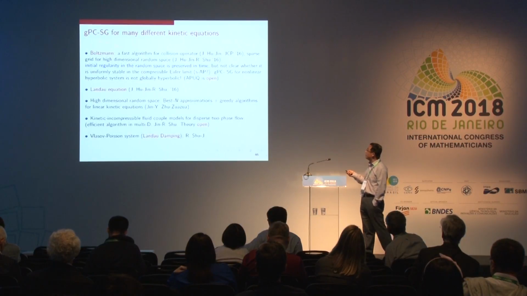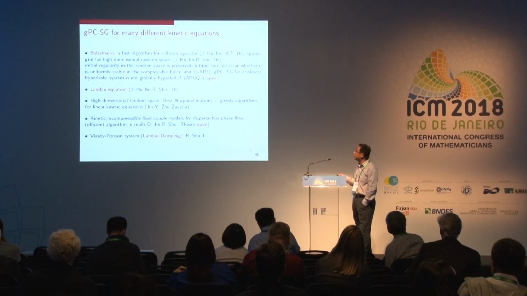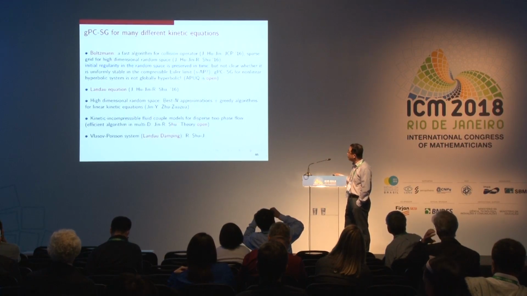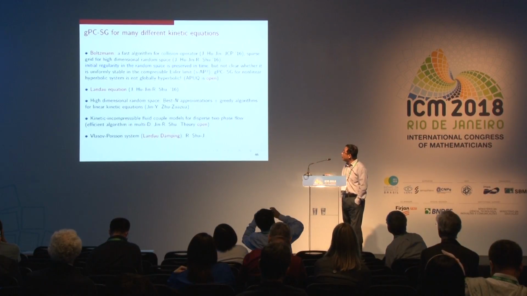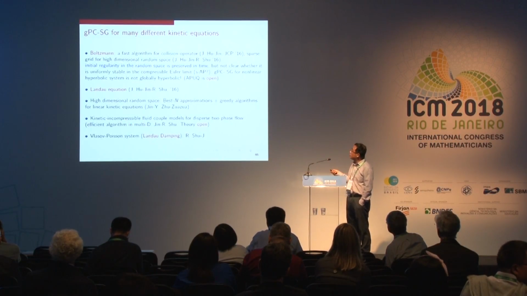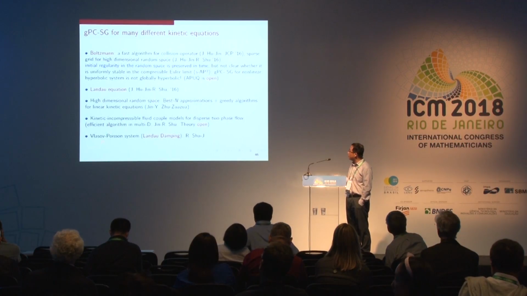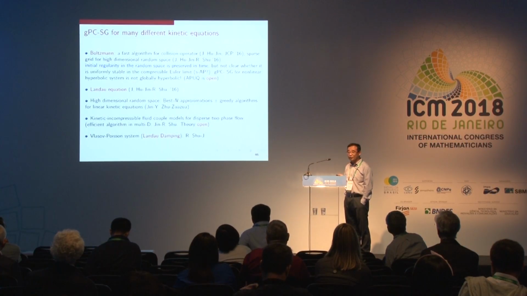In the last few years we have developed stochastic methods for many different kinetic equations, including Boltzmann, Landau, and two-phase flow, where you couple the incompressible Navier-Stokes equation with a kinetic equation. We also developed other things like fast algorithms for the collision operator. We also had a new paper on Landau damping, the work for which Villani won the Fields Medal.